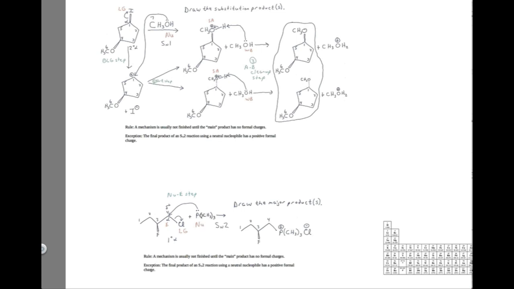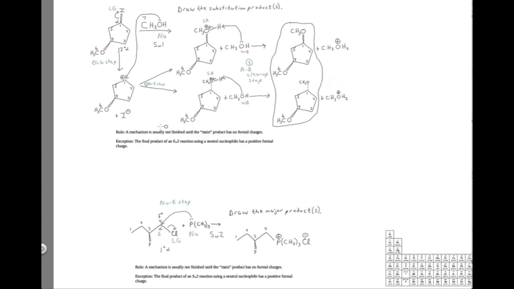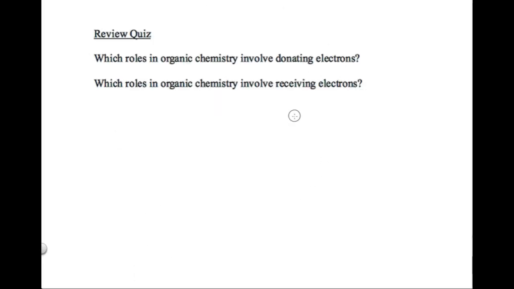When you do an SN2 reaction with a neutral nucleophile, it also ends up with a positive formal charge, but then most professors usually would just leave that positive formal charge in the final product for the SN2 reaction. Mechanisms are usually not finished when the main product still has a formal charge, but SN2 reactions are an exception to that pattern. Please pause the video and try this review quiz.